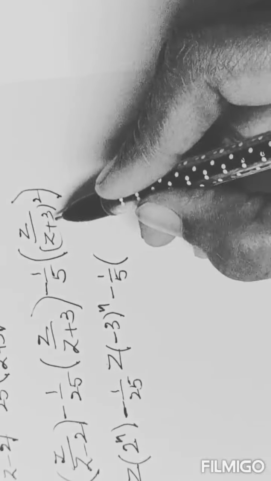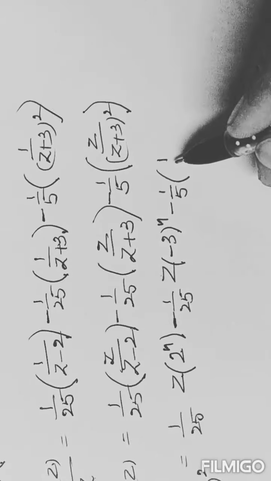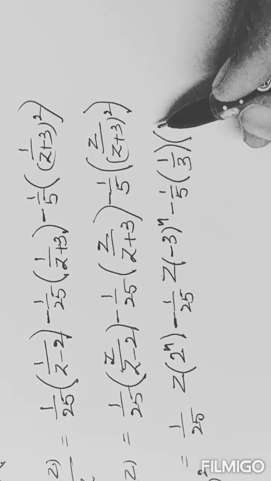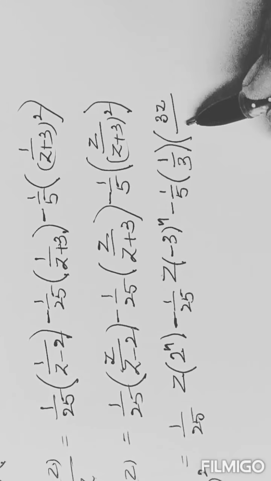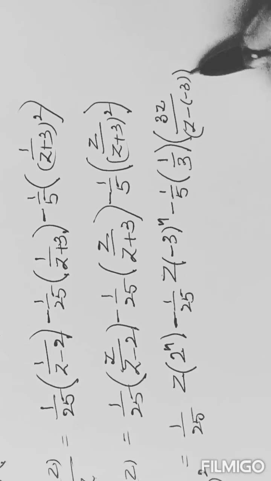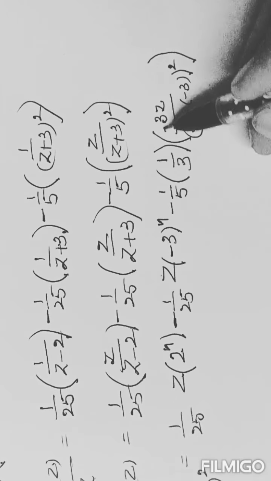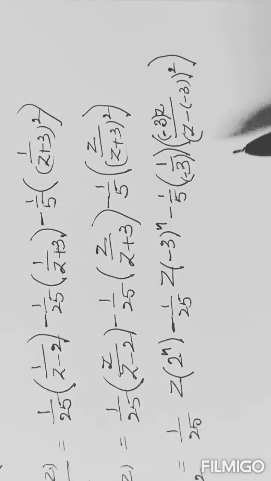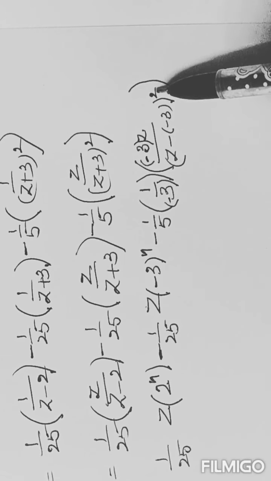To write it in the a z by (z minus a) whole square form, here a is minus 3.